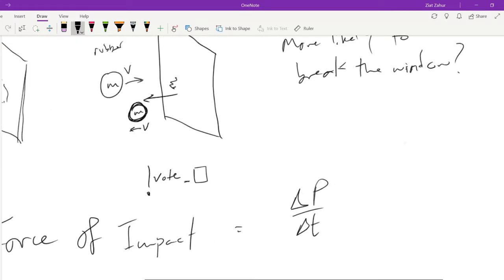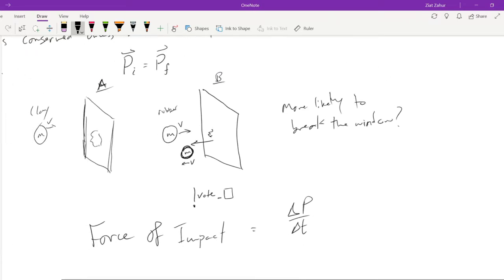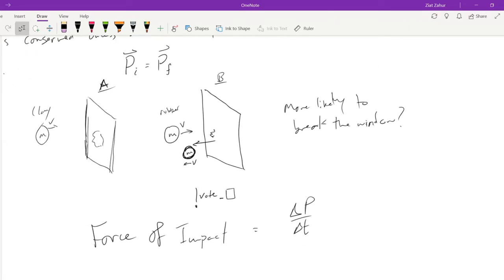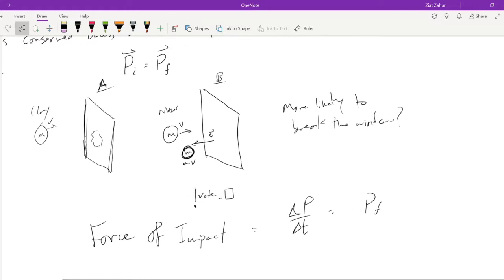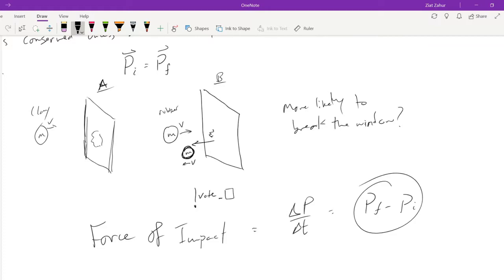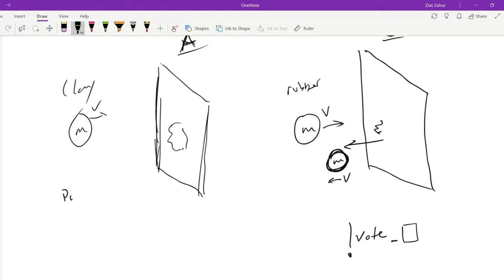Okay, and this is where it gets tricky to answer this question. Let's just take a look at delta p, which is p final minus p initial. Which one has the greater change in momentum? All right, so this one has p initial, which is equal to mass times velocity.